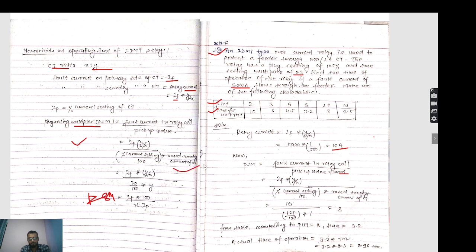IF into y upon x is 10 ampere, so 10 upon the percentage current setting, which is 125% as mentioned in the question. The rated secondary current is 1, so 125 upon 100 into 1, and on calculating this we get PSM as 8.